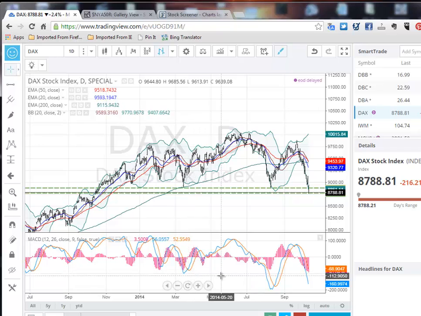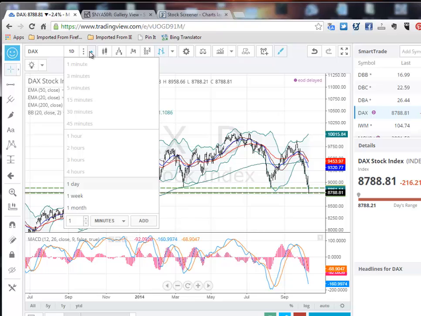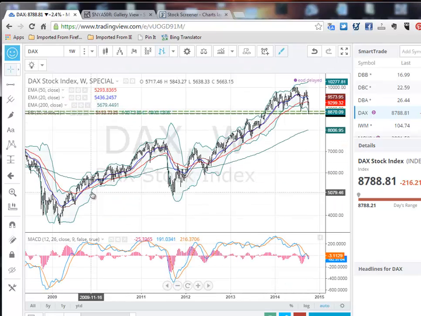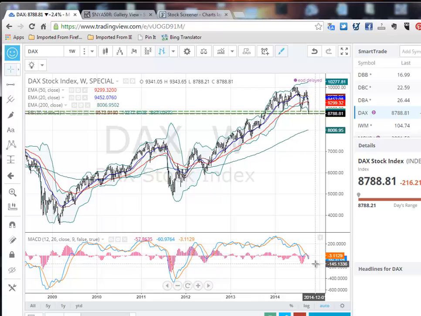The next thing I'd like to do is to have a look at MACD on a different time frame. So I'm going to change this to a weekly chart and see where MACD lives on the weekly chart. What you see on the weekly chart is the signal line has tried to bounce off the zero and is now headed below the zero line.